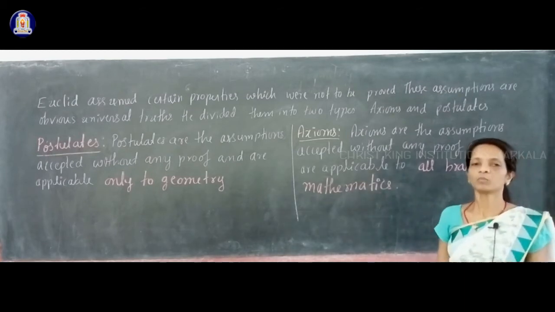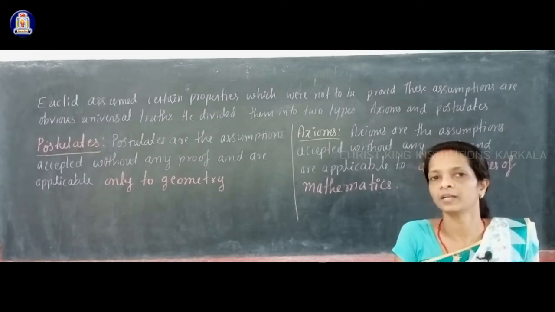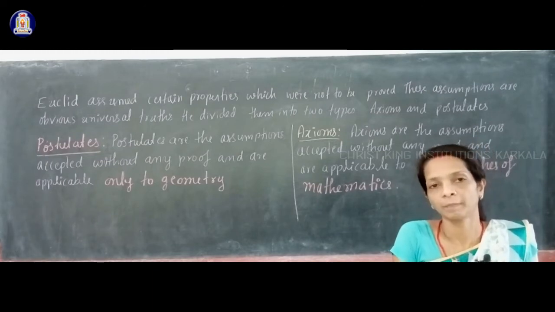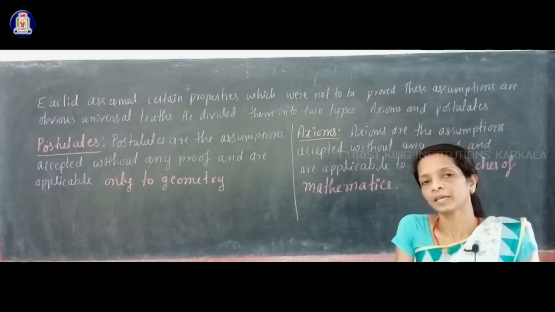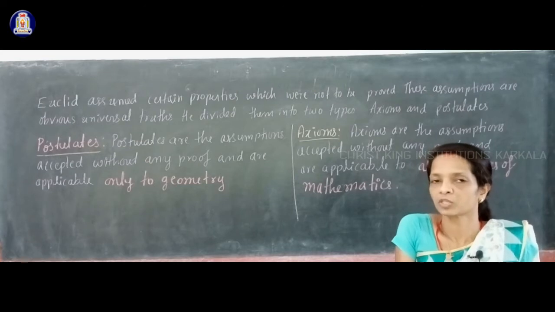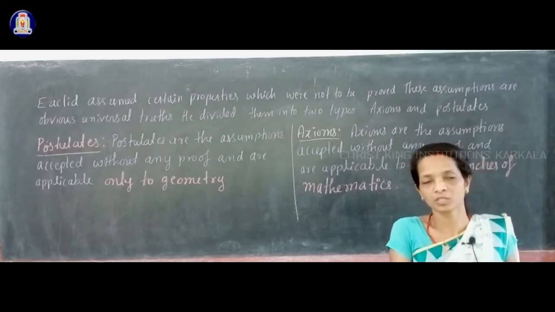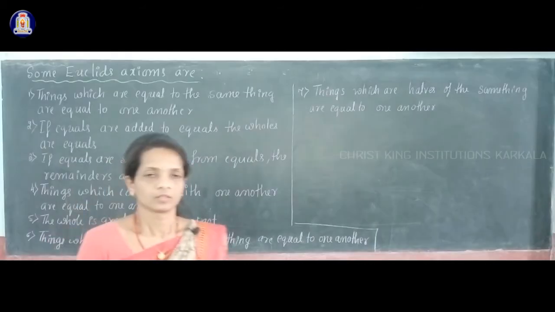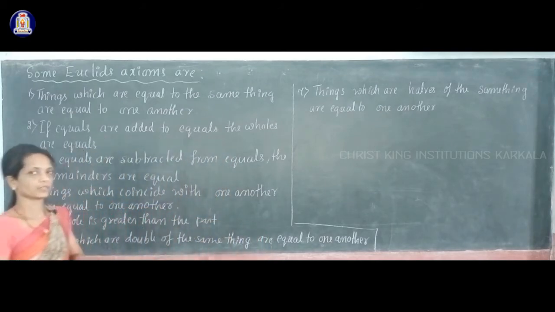Both are assumptions, properties assumed by Euclid, but postulates are applicable to geometry only, while axioms are applicable to all branches of mathematics. And for these assumptions you do not have any proof, you can accept them without any question. Okay, thank you.